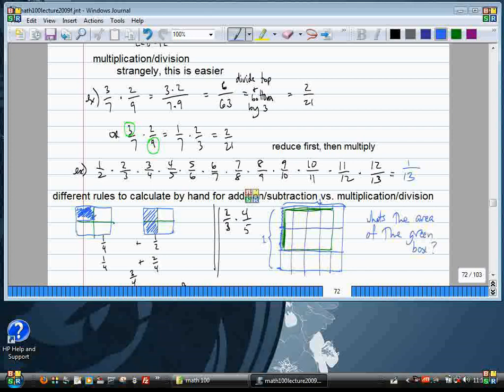How many pieces have we broken up the entire box into? 15. And where did the 15 come from? 3 times 5. And how many pieces of that is the green box? 8. Well, check it. It's 8. And where did the 8 come from? 2 times 4.